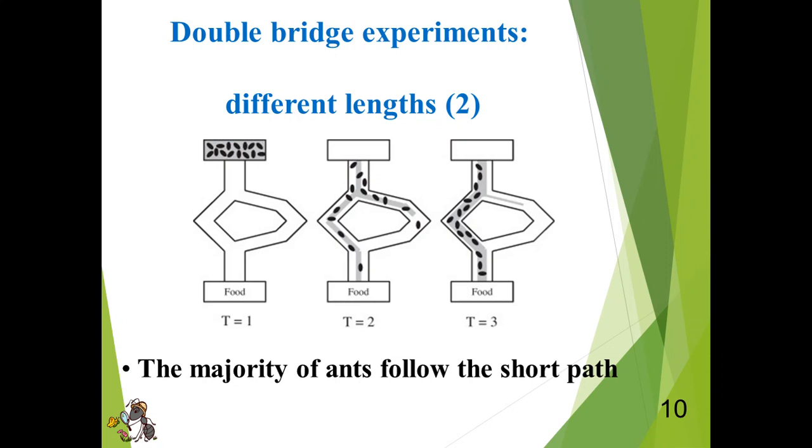The pheromone is a chemical secreted by the ant to keep its track for a certain period of time. Double bridge experiment: the majority of ants follow the short path.